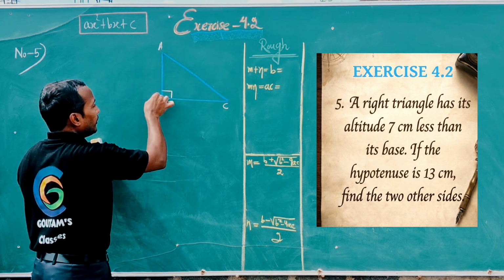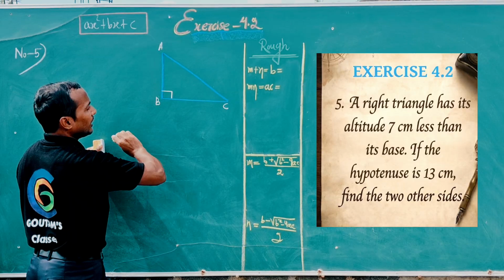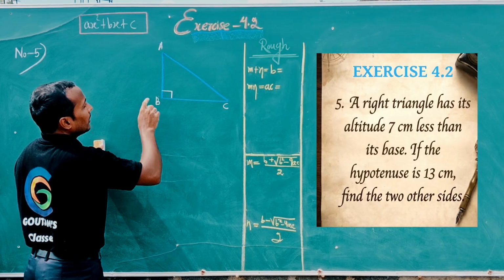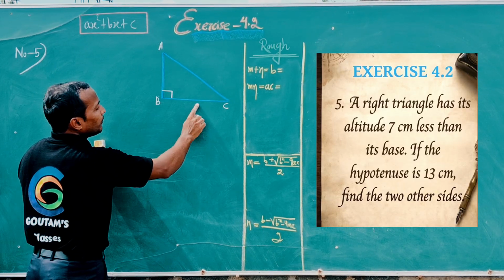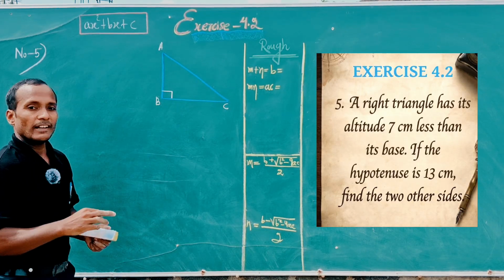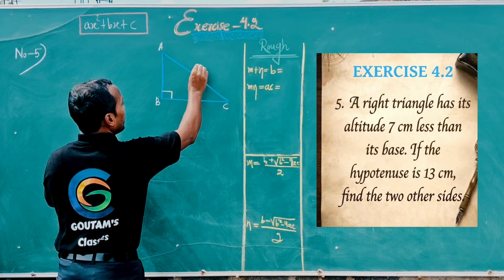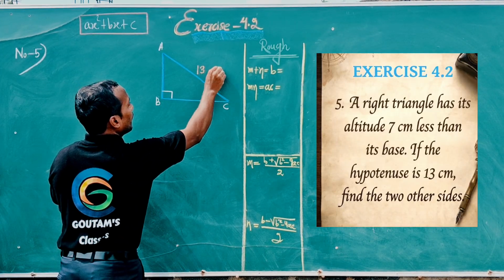You can see AB is altitude, BC is base. If you say BC is altitude and AB is base, there is no issue. You can take that. Here AB is altitude and BC is base. AC is hypotenuse. According to question, you can see hypotenuse is 13 cm long. So let me mention here, hypotenuse is 13 cm long.